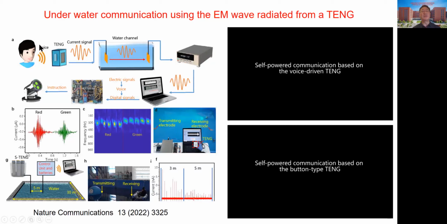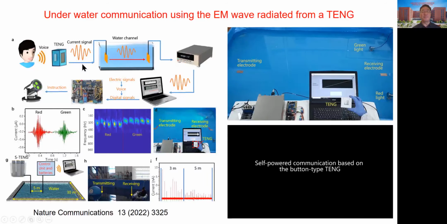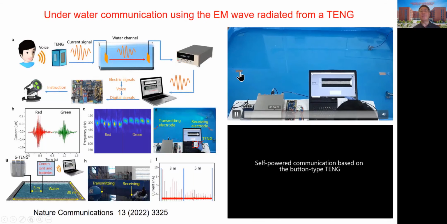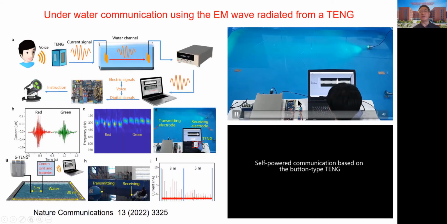This uses a sonic wave to trigger the TENG, which generates an electromagnetic signal, transmitted wirelessly over some distance and then received, giving the possibility for underwater signal transmission. You can see this one uses sonic wave, and then we can generate the TENG here. The TENG delivers the sound to a distance over here.